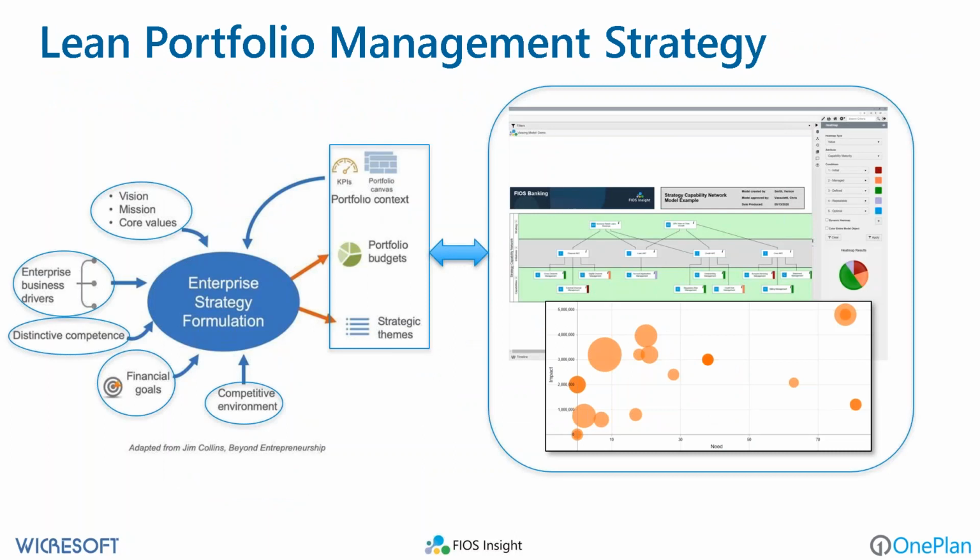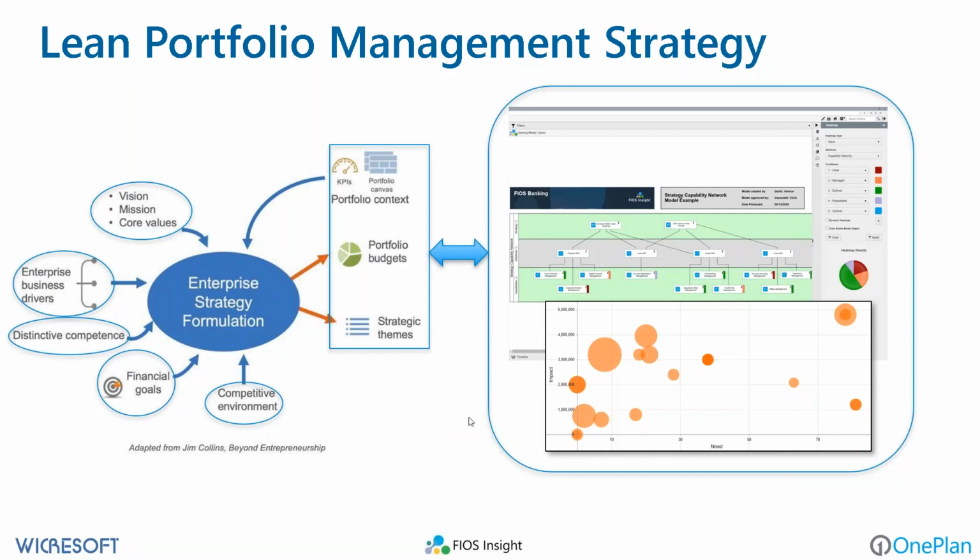One underpinning is the strategy component within lean portfolio management, and I have here highlighted some of the elements that might already be within your organization's mission, vision, core values. You can see business drivers, goals. All of those will be needed for us to develop our strategic themes, our portfolio budgets, and our portfolio context. But in reality, all these probably already exist, and if you were to formalize them within business architecture, it would be much easier for you to get to them.